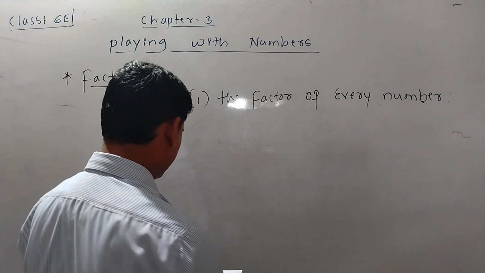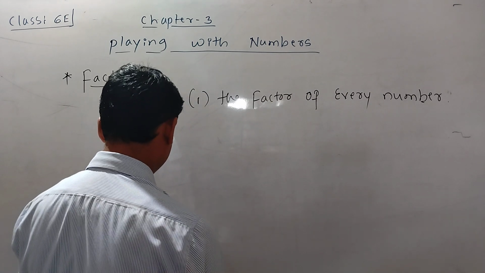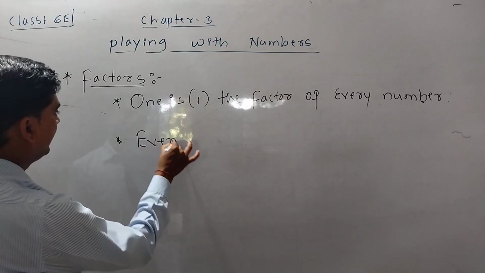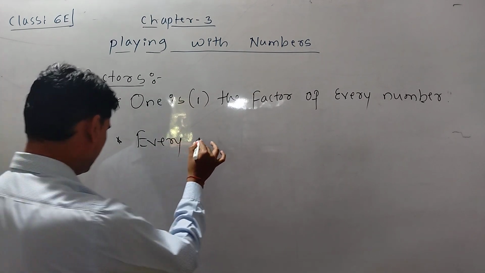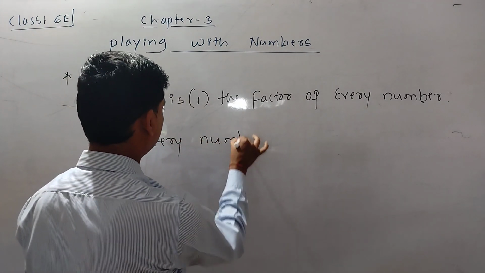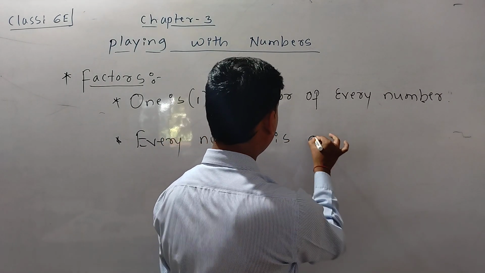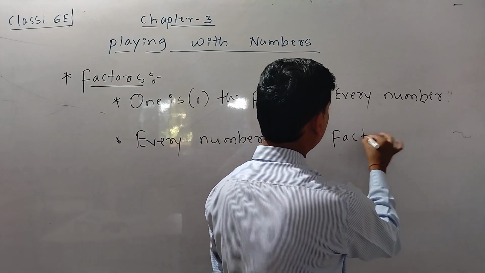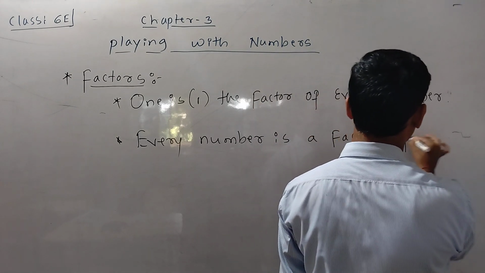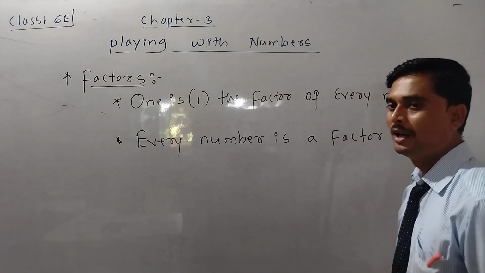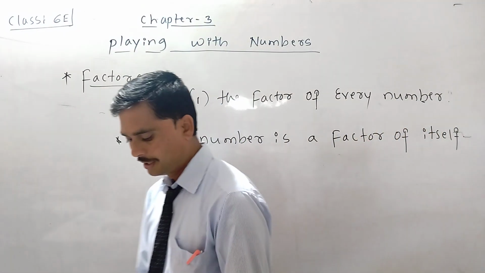And the next one is: every number is a factor of itself. Factor of itself. Okay.